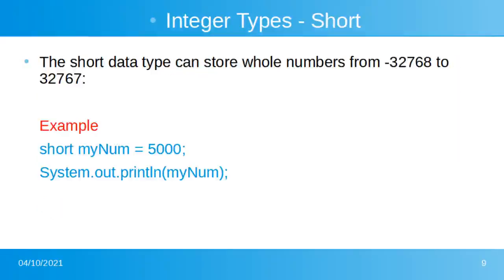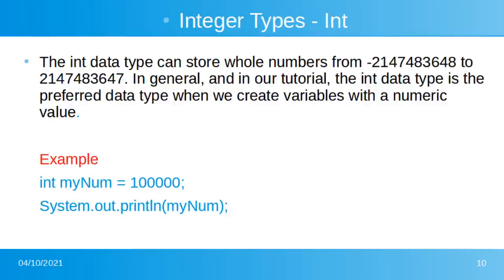Now, short. The short data type can store whole numbers from -32,768 to 32,767. For example, short myNum = 5000; System.out.println(myNum); Now most popular type, int.